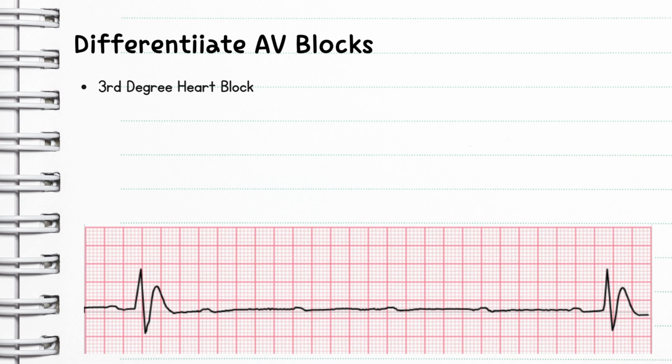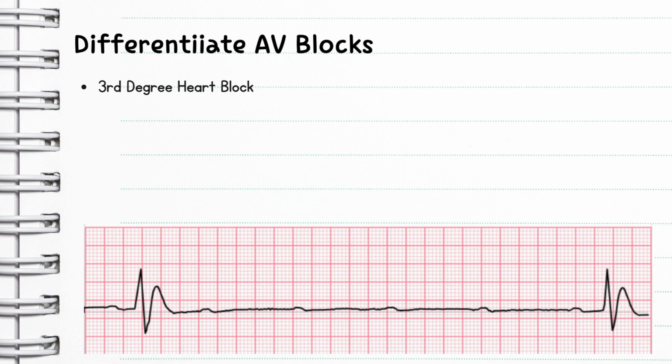The P waves are marching at their own rate, controlled by the SA node, but the QRS complexes are marching at a slower independent rate because they're usually controlled by pacemaker cells lower in the heart, like the AV node or ventricles.